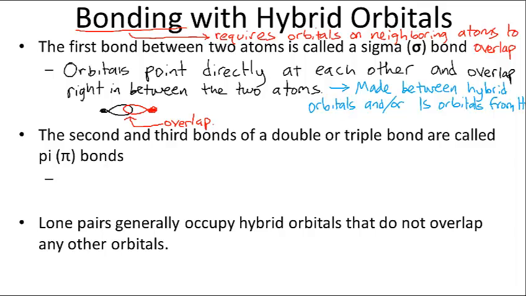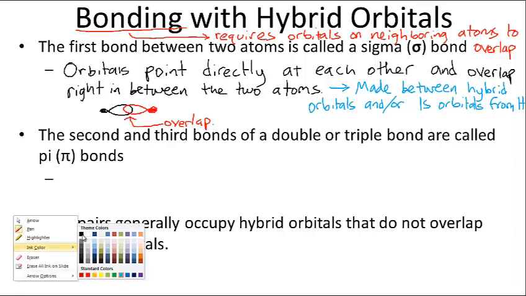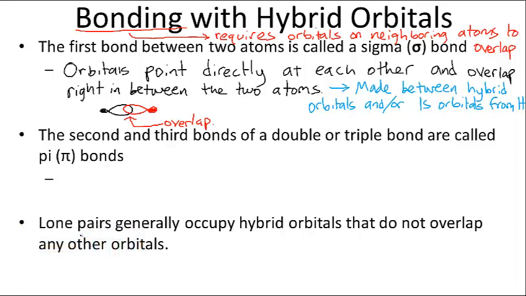Hydrogen never has hybrid orbitals because hydrogen is just working with energy level 1. But sigma bonds are generally made by hybrid orbitals. Now, if you have a double or a triple bond, you can make what are called pi bonds. Pi bonds are made by overlapping p orbitals, which are parallel to each other.